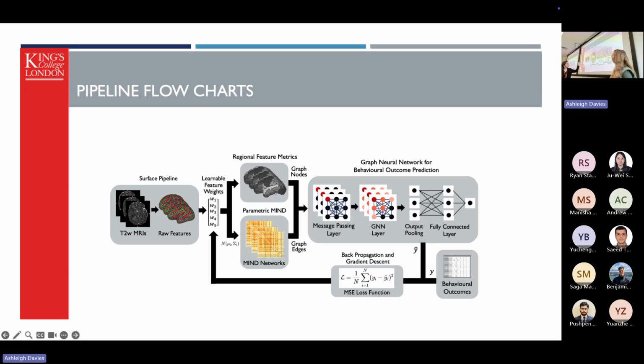You're going to have a run through of your input data through your weights, and that's going to give you some predicted regional feature metrics and interesting maps, which is going to go then into a section that says graph neural networks for predicting behavioral outcome predictions.